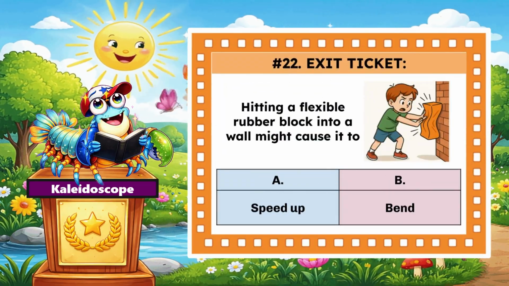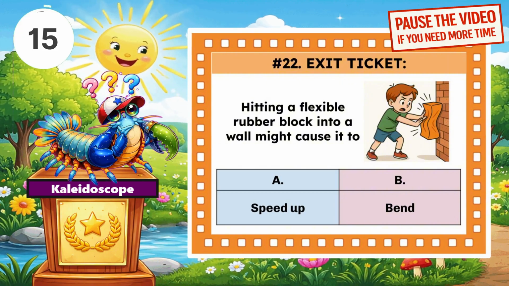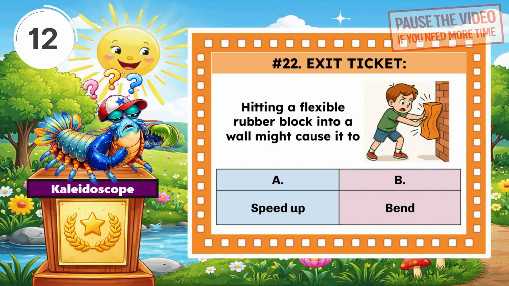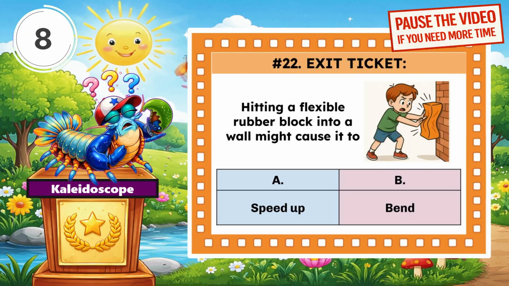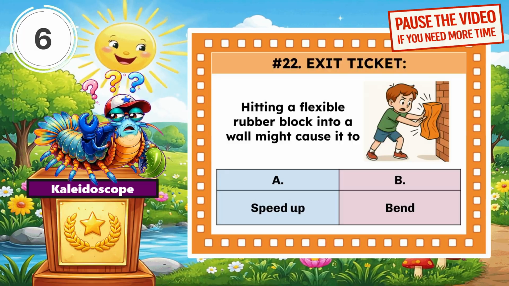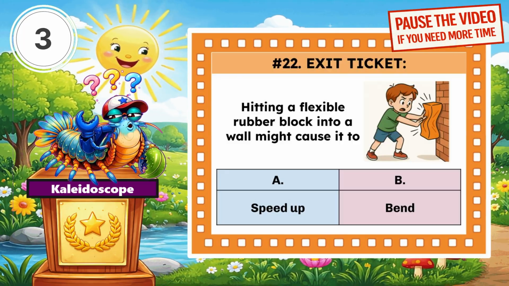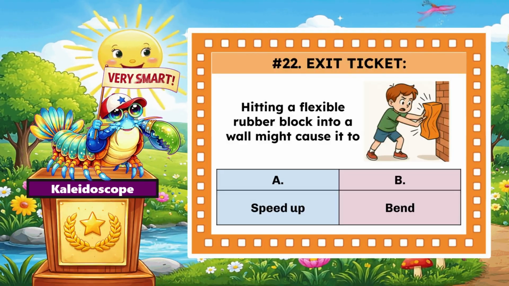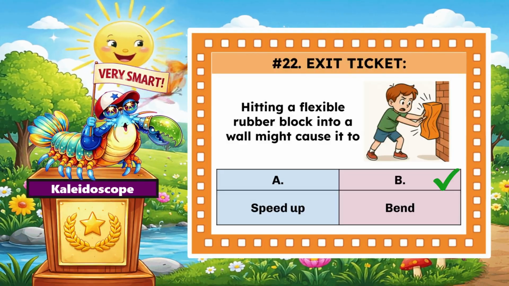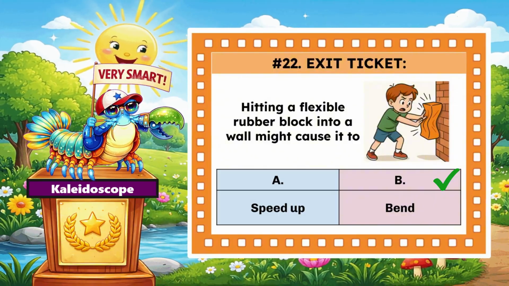Hitting a flexible rubber block into a wall might cause it to blank. And the correct answer is letter B, bend.